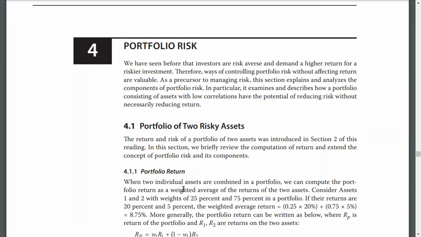As a precursor to managing risk, this section explains and analyzes the components of portfolio risk. In particular, it examines and describes how a portfolio consisting of assets with low correlation has the potential of reducing risk without necessarily reducing return.